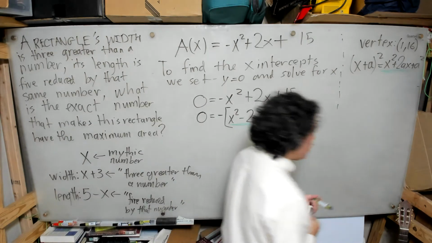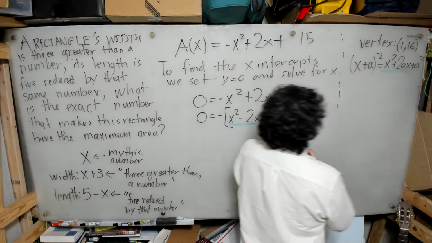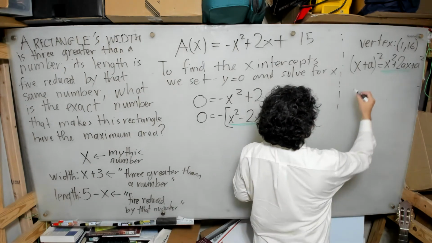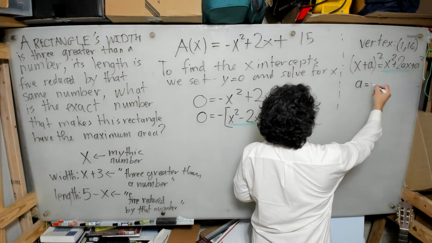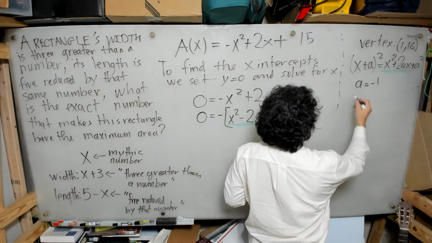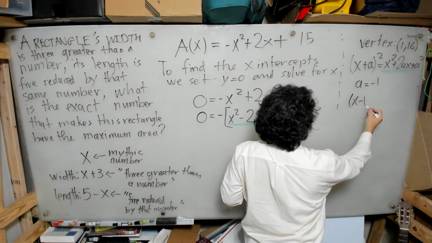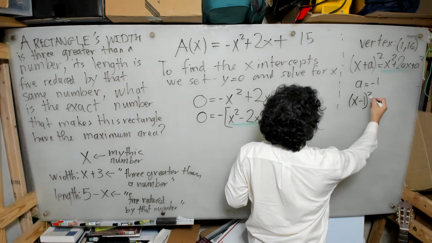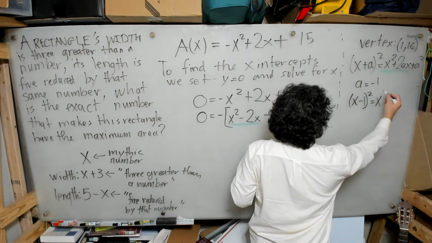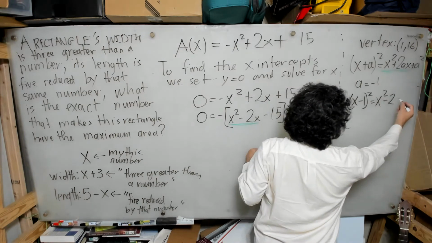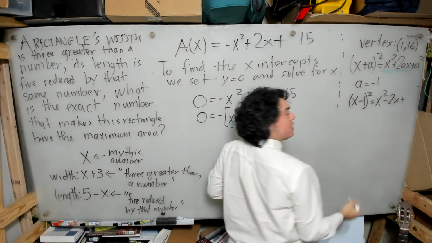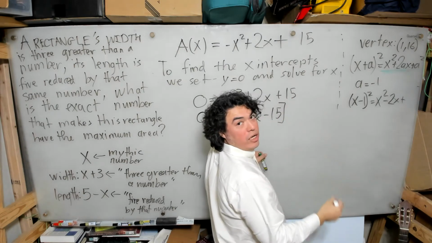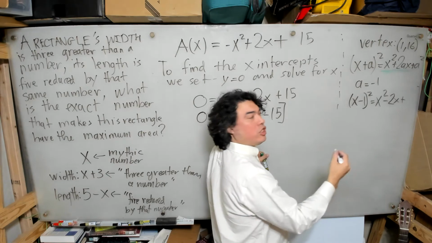So let's do that over here. I'm going to notate a equals negative 1, okay? So x minus 1 squared equals x squared minus 2x plus, what's negative 1 squared? Negative 1 squared is negative 1 times negative 1, which is positive 1.